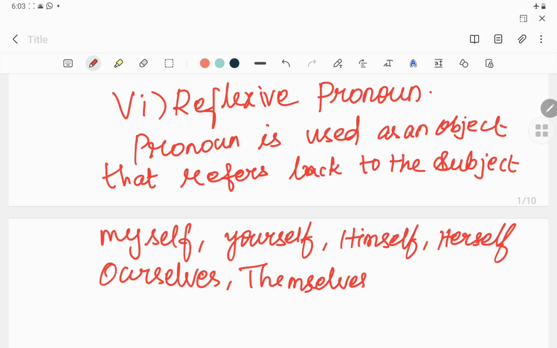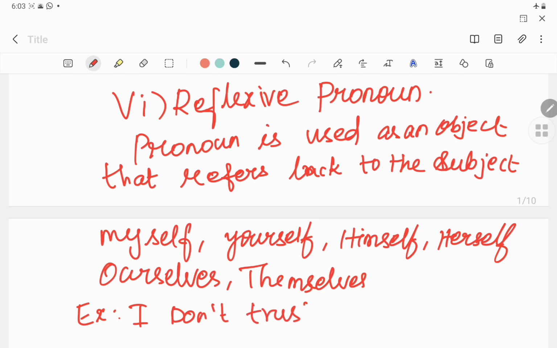Okay, so here we have the definition. Reflexive pronoun, what do you mean? That pronoun is used as an object that refers back to the subject. For example, I don't trust myself in tough time.